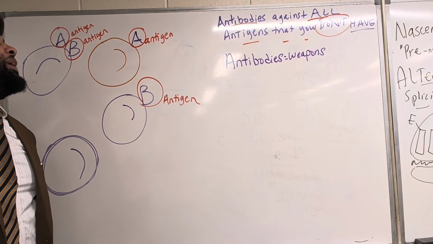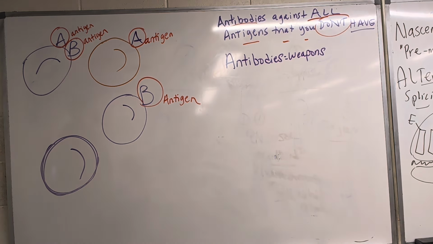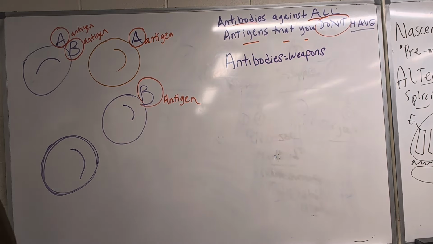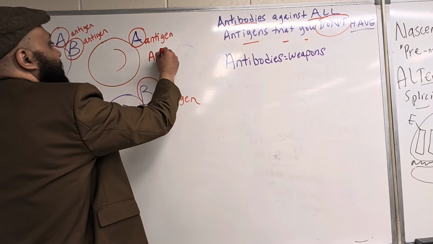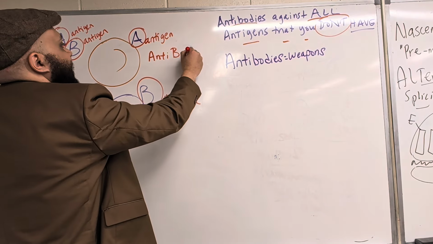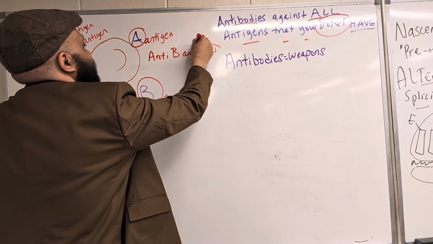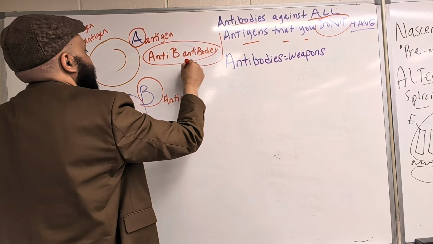So somebody with an A antigen, they're going to have antibodies against what? Against B, because they don't have B. So somebody with A will have anti-B antibodies. Isn't that true?